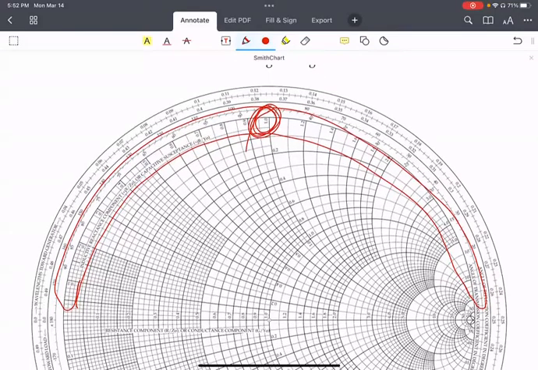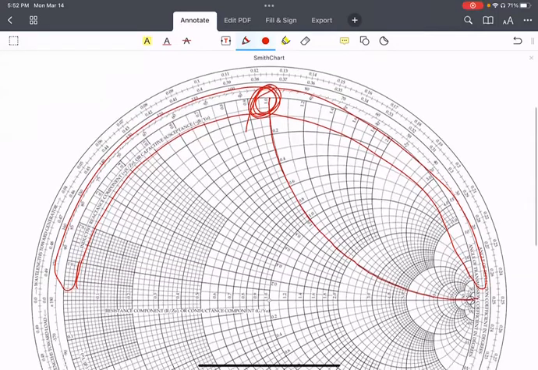And 1 corresponds to that entire arc. The 0.5 corresponds to this entire circle. So it's the intersection of those two that is our Z_L point. All right, any questions about that?